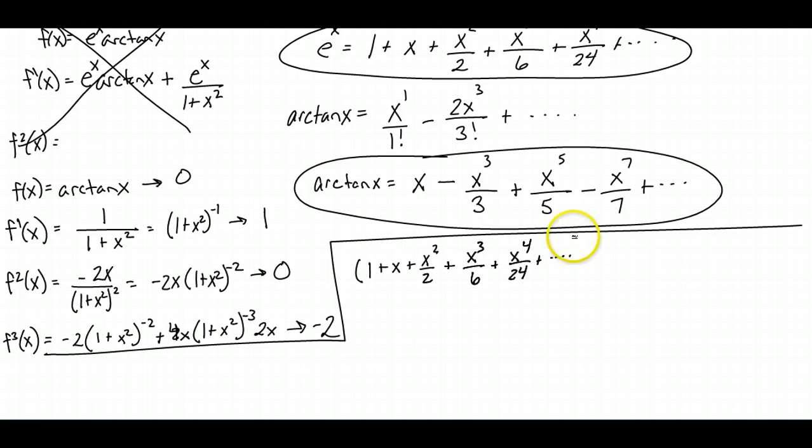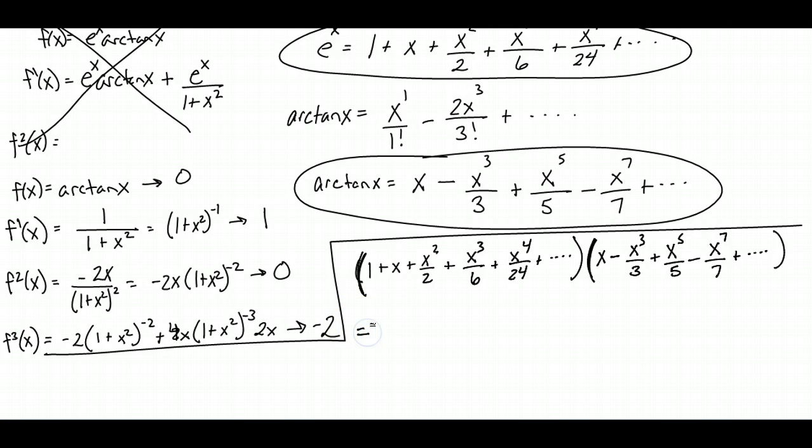Technically that can go on, so I have to use the ... And I'm multiplying it by arctangent, which is x minus x cubed divided by 3 plus x to the 5th divided by 5 minus x to the 7th divided by 7 plus technically ... that can go on. I'm not going to need more terms than this though because I know that I'm going to find my smallest. I need the first 4.